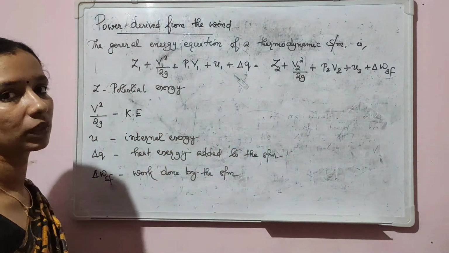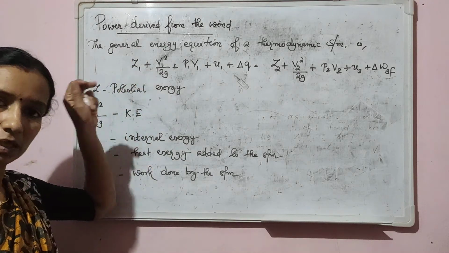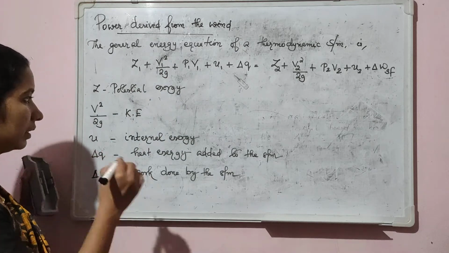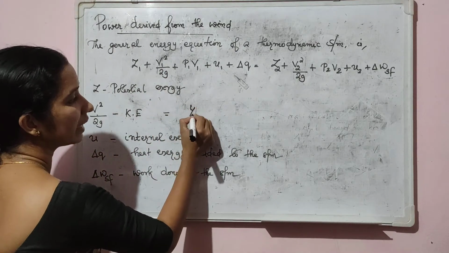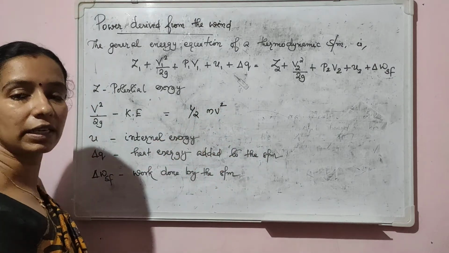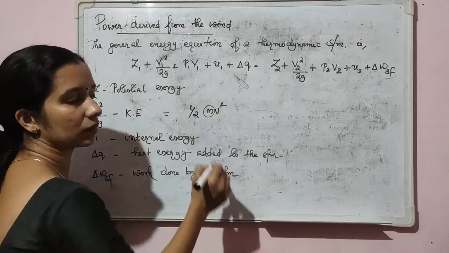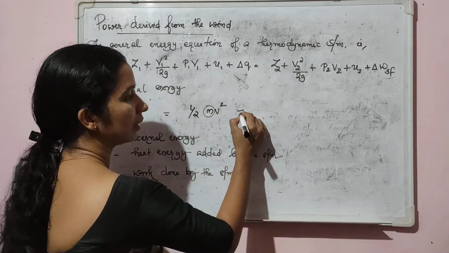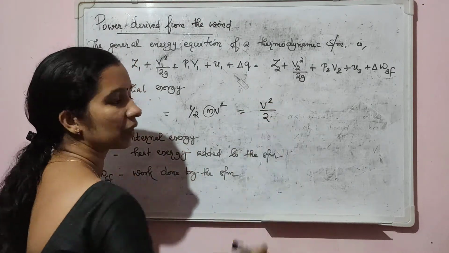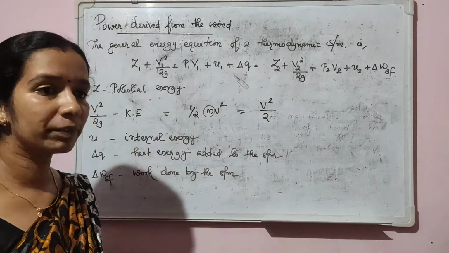Z represents the potential energy, V square by 2G is the kinetic energy. We know that kinetic energy is half mv square. Here we are actually considering the energy equation for a flow of unit mass. So mass we are considering as unity, 1. The equation becomes V square by 2, and these are equations related to fluid mechanics.